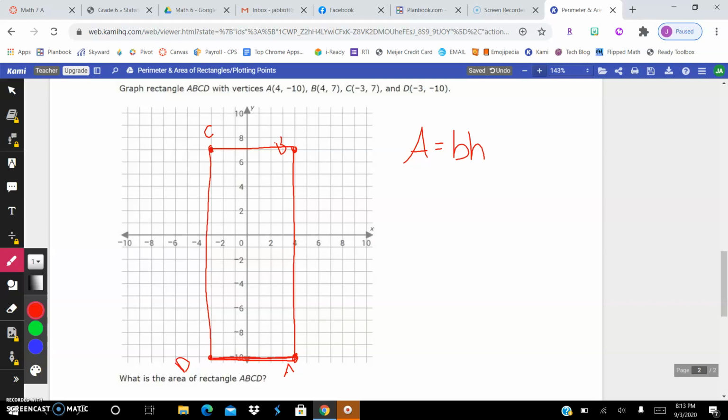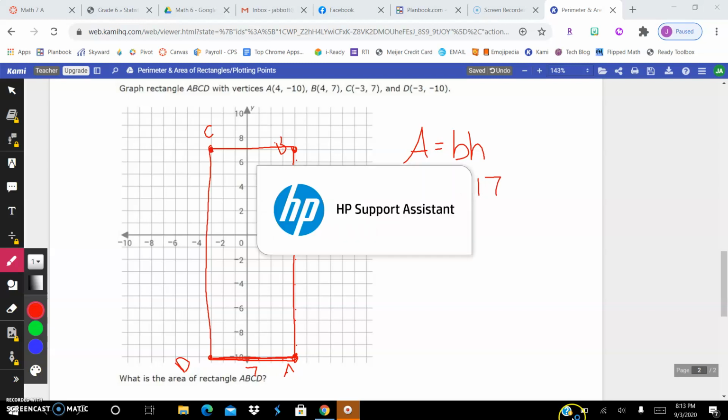And if I count across, I have 1, 2, 3, 4, 5, 6, 7. And then if I count up, the side, I have 1, 2, 3, 4, 5, 6, 7, 8, 9, 10, 11, 12, 13, 14, 15, 16, 17. So I would have to do 7 times 17.